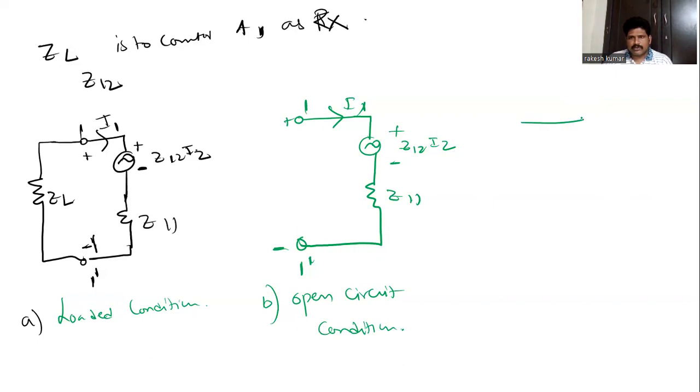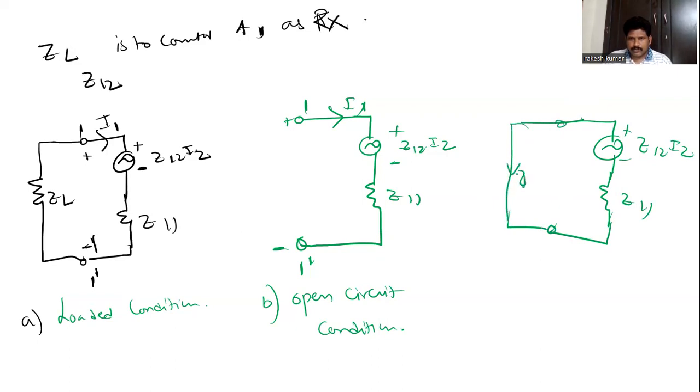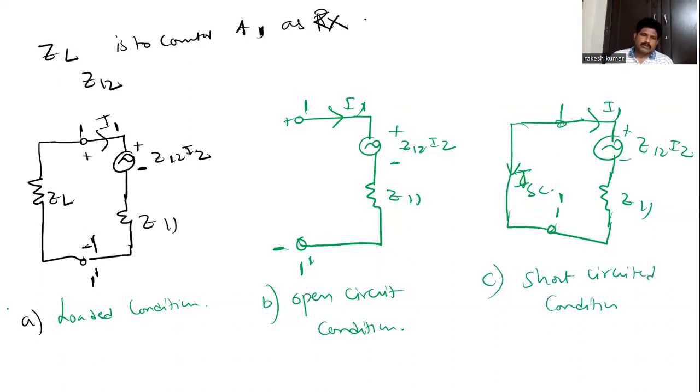Now for short circuit condition: plus or minus Z12 into I2, Z11, short circuited, I1. This is for short circuited condition. So this is for loaded condition, this is for open circuit condition, this is for short circuit condition.